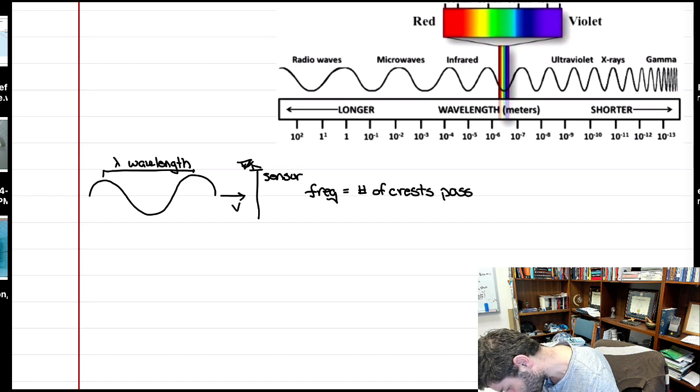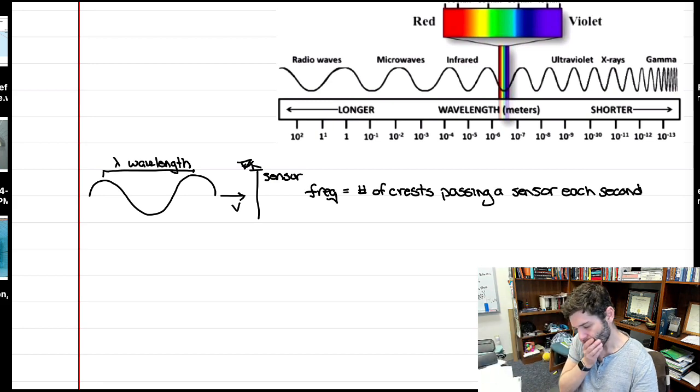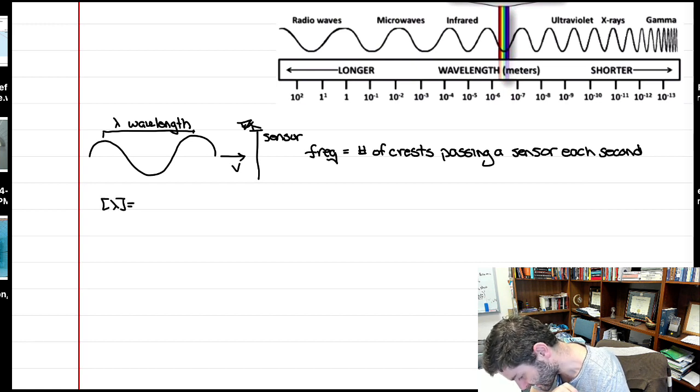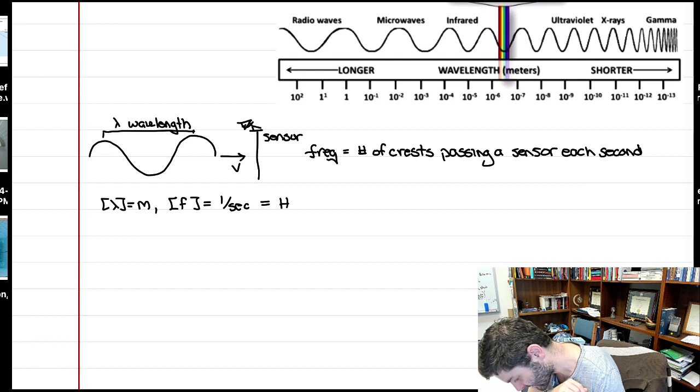passing a sensor each second. The units: wavelength is the distance, the SI unit would be meters. The SI unit of frequency is number per second, so just 1 over second, which we call a hertz.